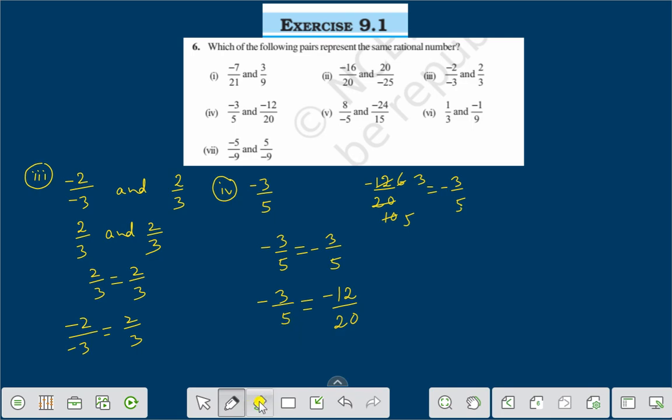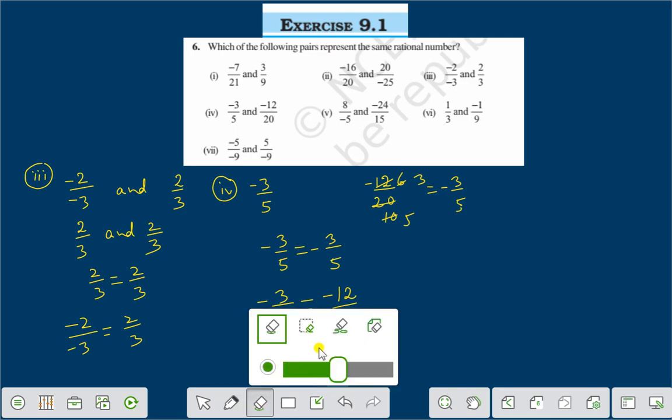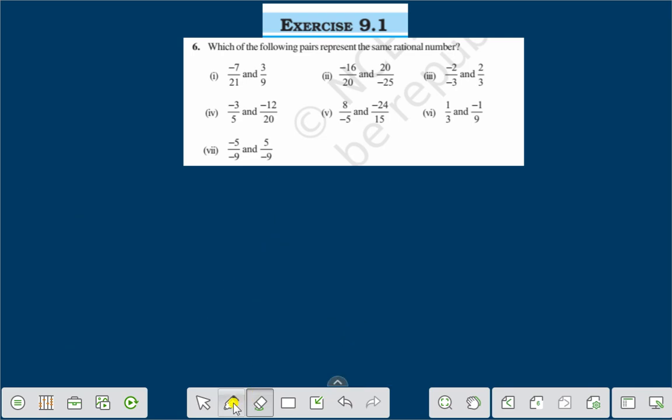Now let's solve question number 5. In question number 5 you see here one number is 8 by minus 5, and another number is minus 24 by 15. If we cut by 3, 3 eights are 24 and 3 fives are 15.